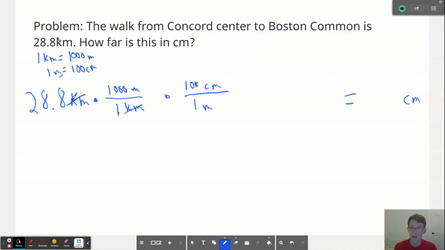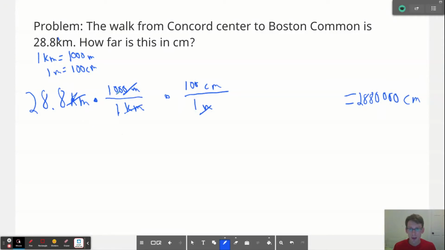I'm just taking this conversion factor, this reality that we know, and turning it into a fraction. The meters cancel out and we get centimeters, and now all I need to do is the arithmetic: multiplying 28.8 times 1,000 times 100, dividing by 1 times 1. We have 2,880,000 centimeters in the 28.8 kilometers, and that's it.